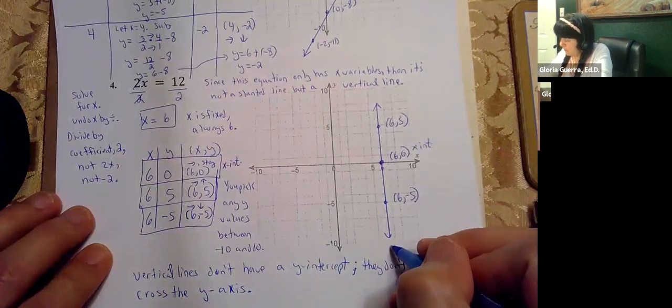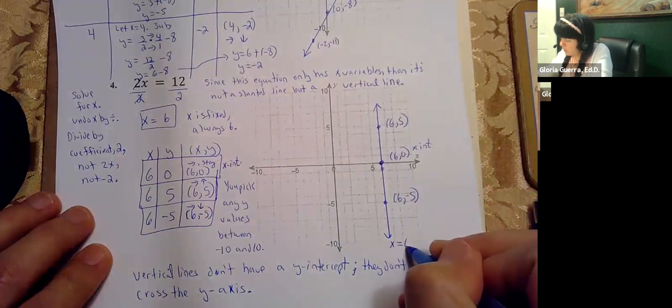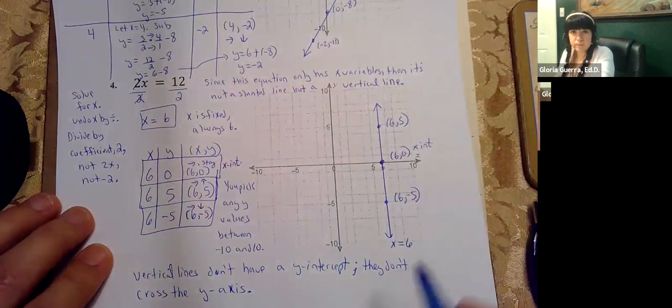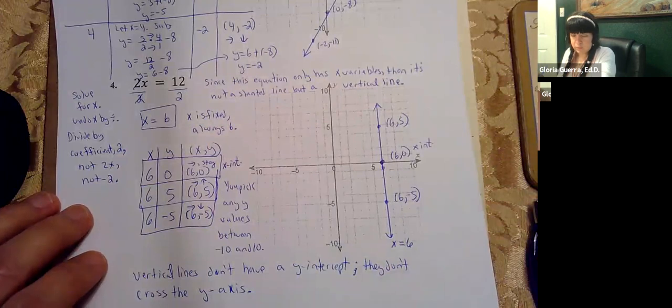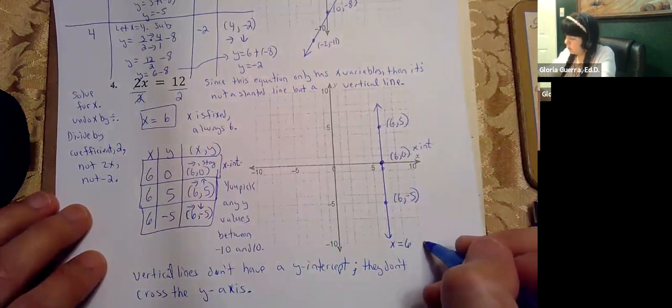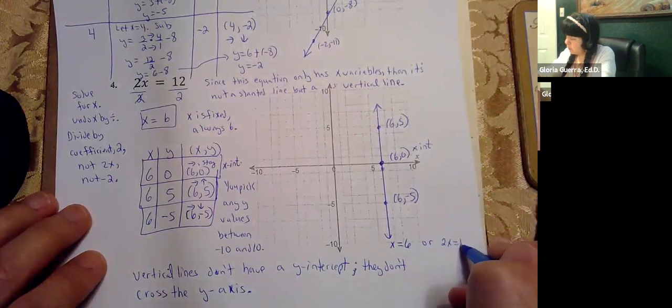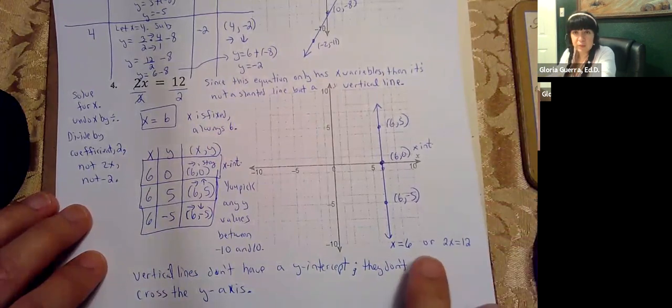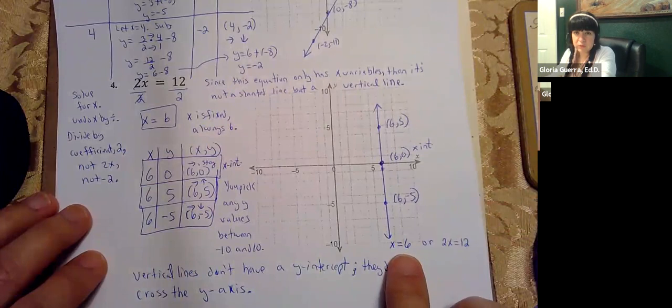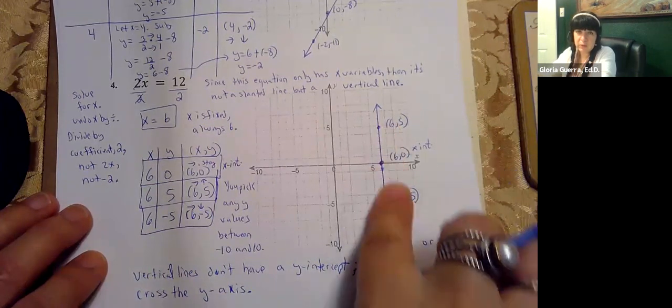And so we have x equals 6. Or I guess you could call it 2x equals 12. I've seen some books do that, but I prefer x equals 6. That's the name of the line.